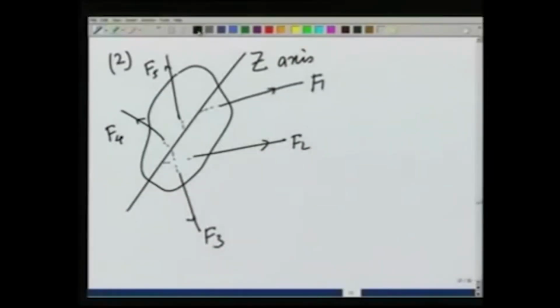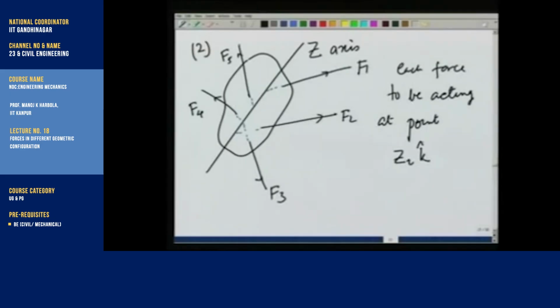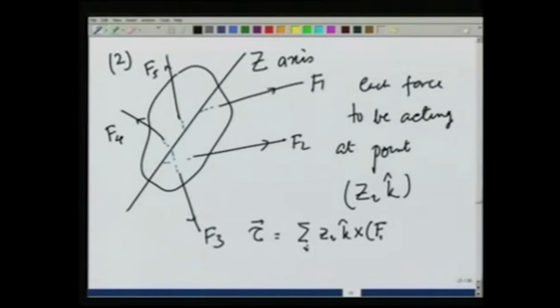In such a case, by the transmissibility of force vector, I can take each force to be acting at a point, say z_i k, that is at a distance z_i in the z direction, and therefore the torque by the forces is going to be summation i z_i k cross (f_i x component in i direction plus f_i y component in j direction plus f_i z component in k direction).